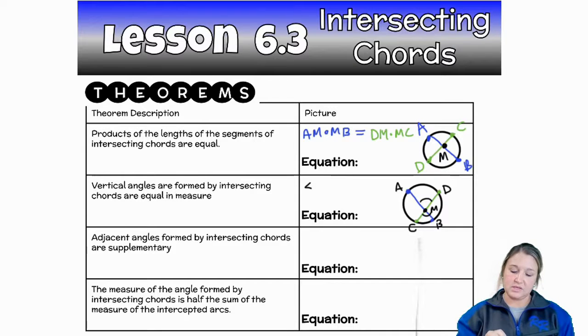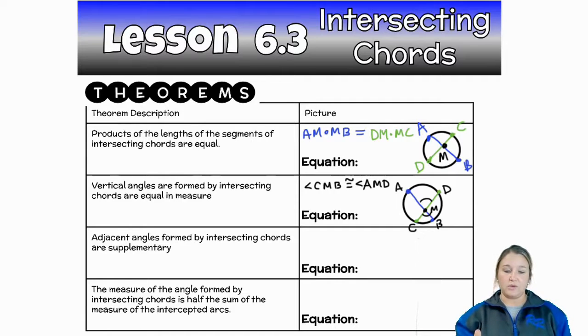So angle CMB is going to be congruent to angle AMD. All right, and likewise for the other two angles. So any two angles, like this angle here would be congruent to this angle on this side as well, because it's still a vertical angle.